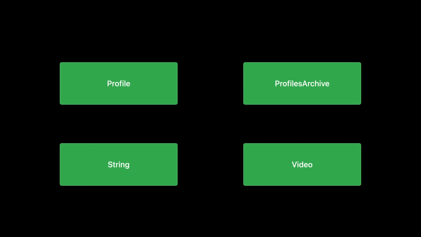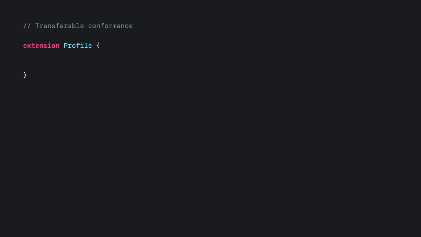As I mentioned earlier, there are 4 model types in our app that are going to be shared. One of them, string, already conforms to Transferable. We don't need to do anything more. But what about the single profile, profiles archive, and the video that I want to share as well?